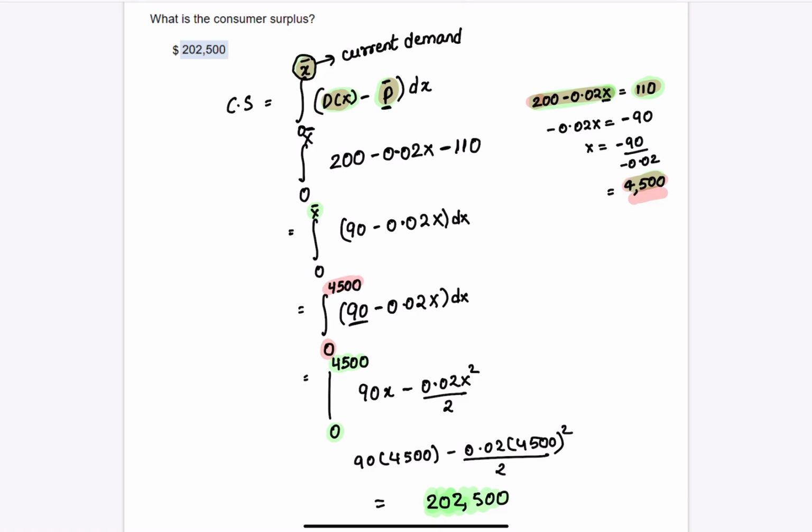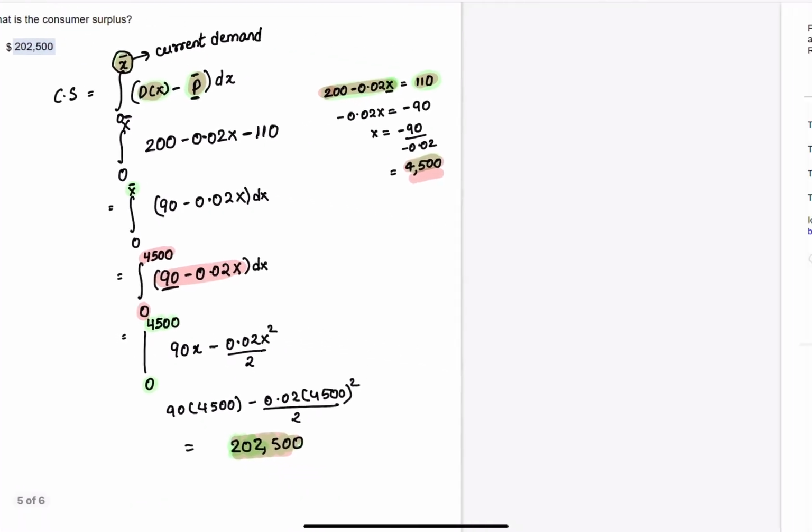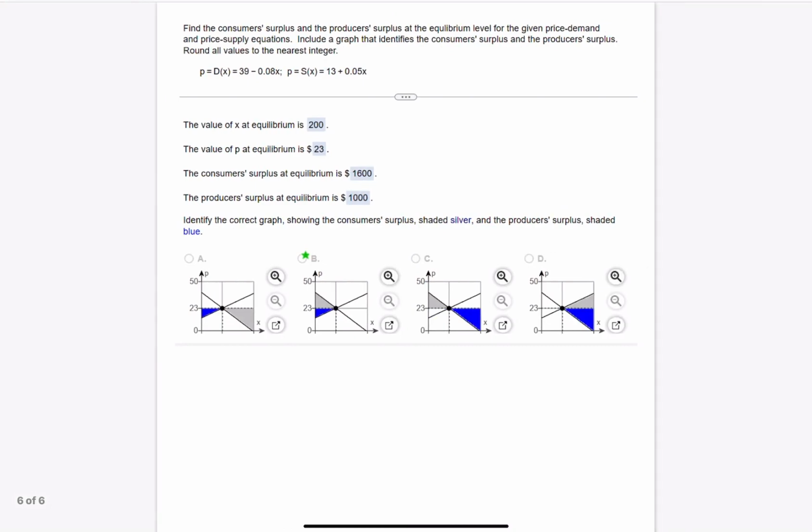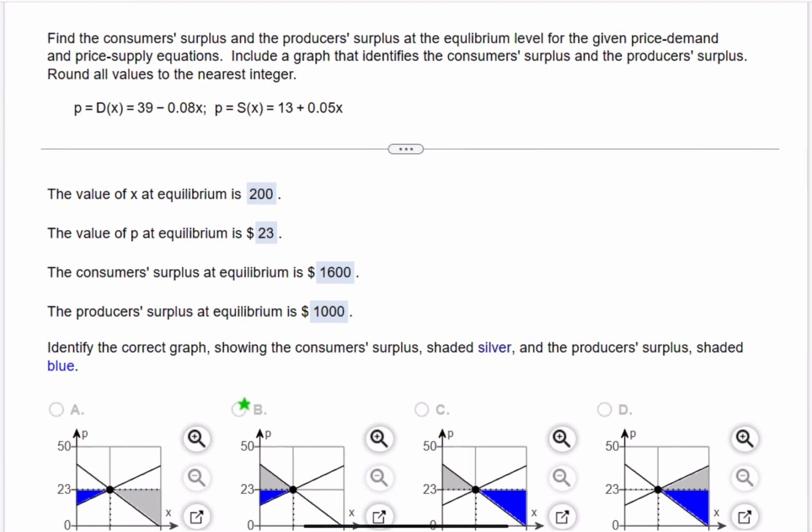As a clever consumer, if I buy it at the price, I will save $202,500. Okay, there you go. All right, now let's go ahead and take a look at the next problem.